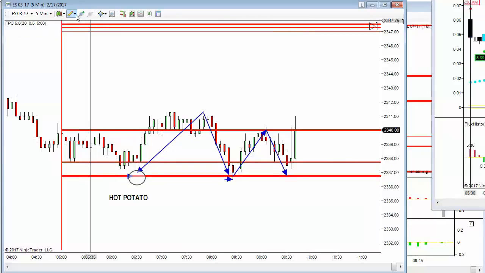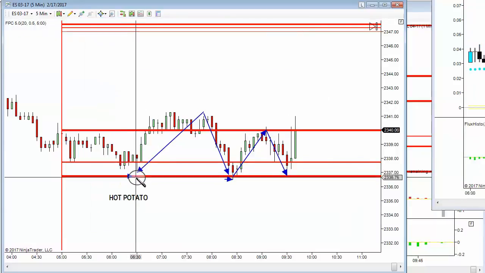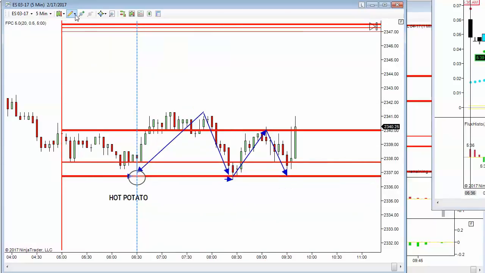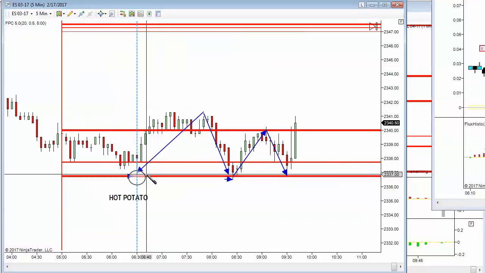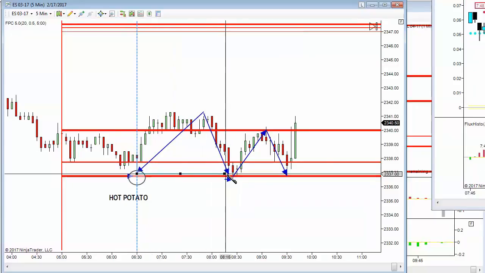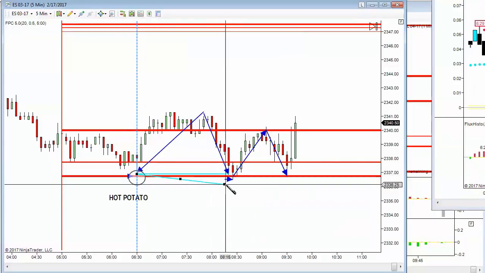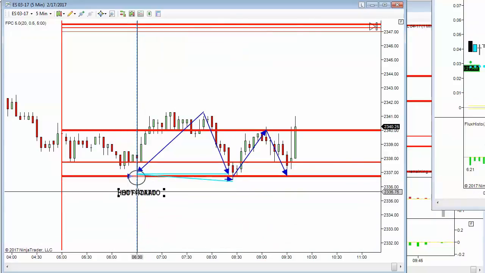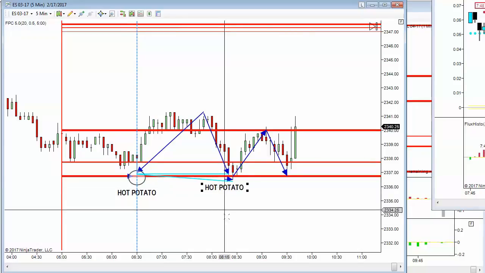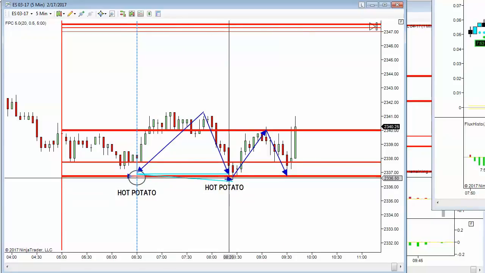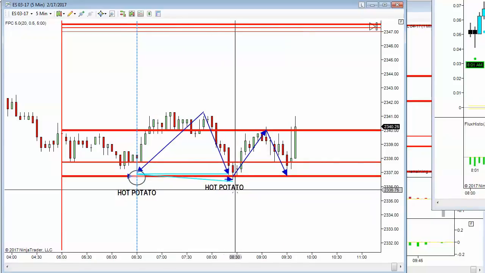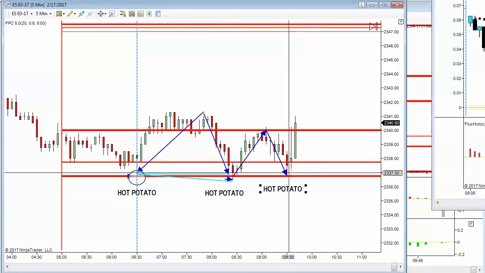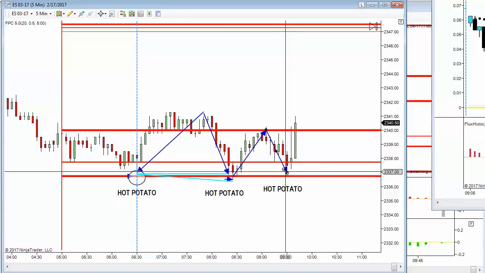They come back the second time and they punch the stop. This is a stop run right here. Hot potato again. They touch it and they pierce it. The third time, they nick it by 1 tick.